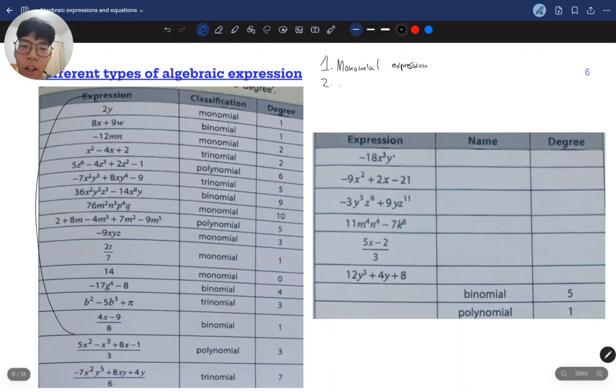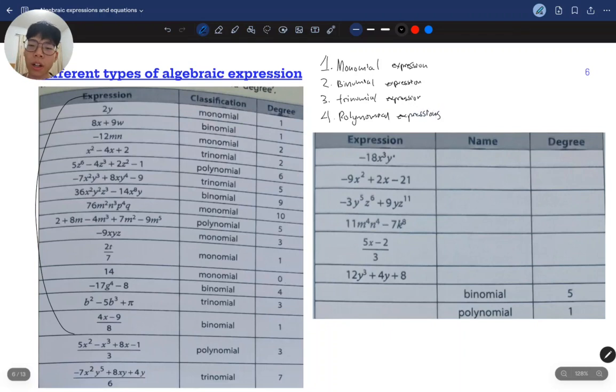Secondly, there are binomial expressions. Thirdly, there are trinomial expressions. Lastly, there are polynomial expressions.